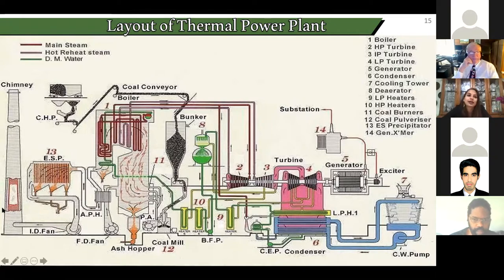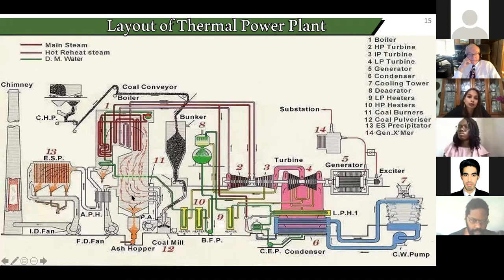So let's see. This is coal, in the coal handling plant, which comes from the trains and tracks, and then it goes through the coal conveyor to the bunker where it rests, and then it goes from here through the PA fan, which carries a lot of air, and then it goes to the furnace where it is burned.